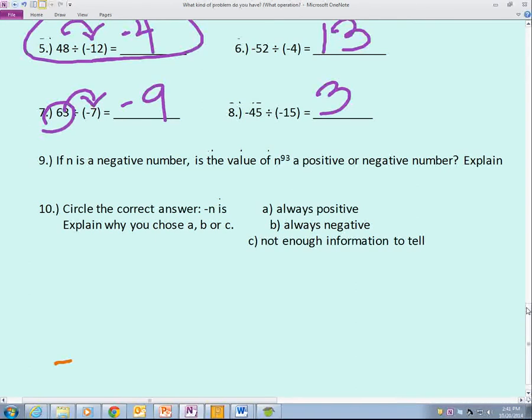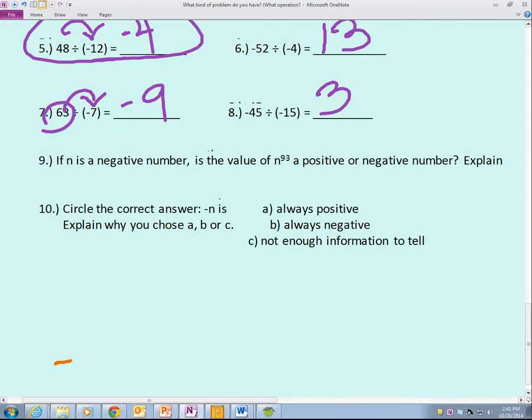For number 9, the only thing that you need to really look at here is to see if this is a positive or a negative number. Sorry, for a positive or negative number, you need to see if the exponent is going to be even or odd. Is 93 even or odd?